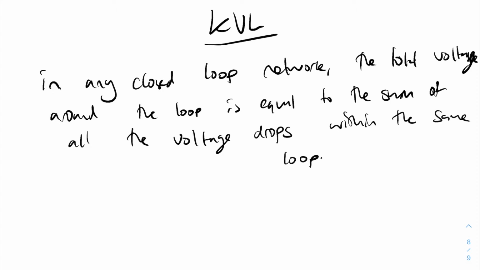So that might seem like a mouthful. In any closed loop network, the total voltage around the loop is equal to the sum of all the voltage drops within the same loop. It's fairly basic. You'll get it.